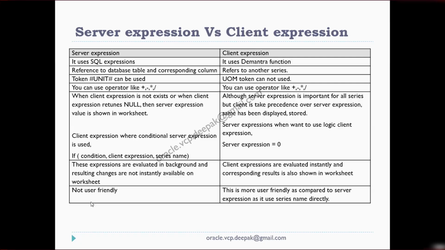At that time, as a fail-safe, we can have a server expression which shows 0, rather than showing a null value. If we show the null value and that particular series is used in another series, you will see the problem get cascaded. So if we want to use only the client expression, the standard practice is to have the series expression as 0.